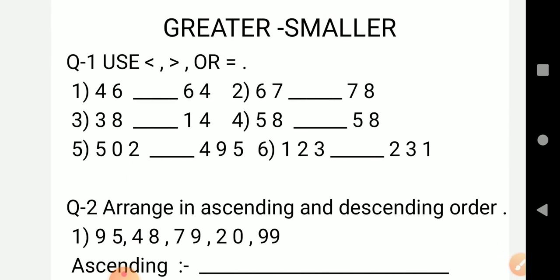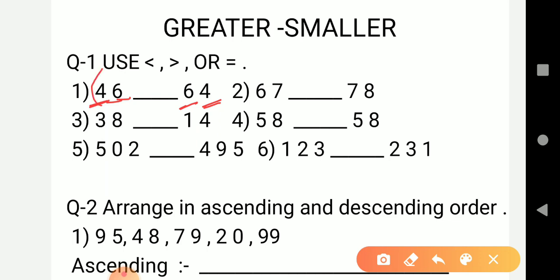Use greater than, less than or is equal to. We compare the numbers with the help of their place value. See, here the ones place is 6, here the ones place is 4, but here the tens place is 4 and here the tens place is 6.